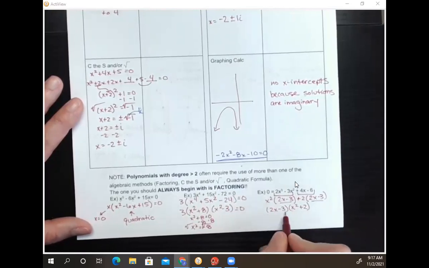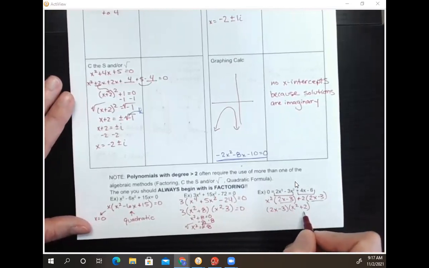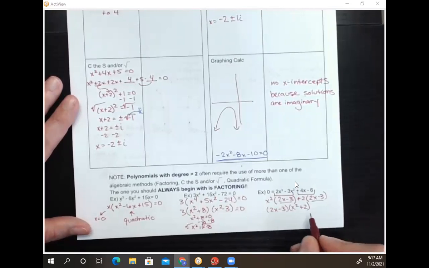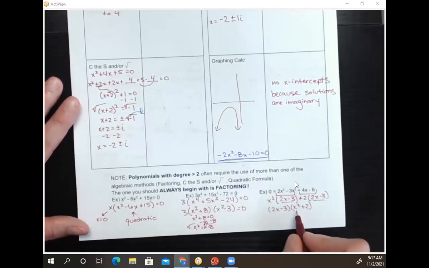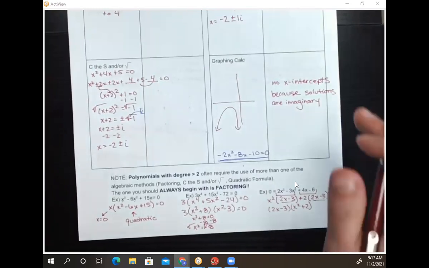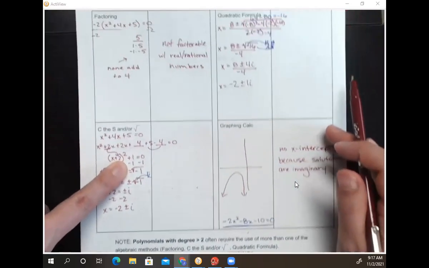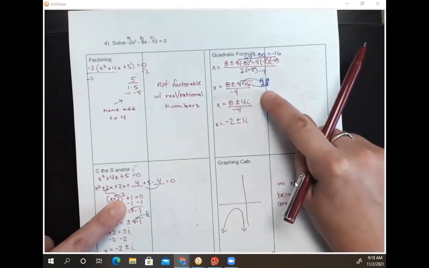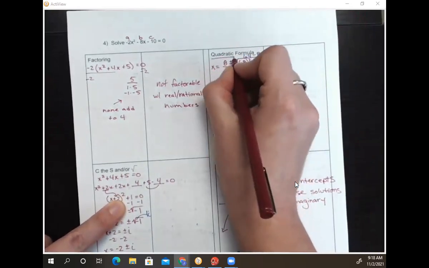This guy, you can go ahead and set equal to 0 and solve. This guy, you can solve using square roots if you wanted, just like over here. If you really wanted to do quadratic formula, to me that seems like a lot of work for something you could solve in 2 steps with square roots, but you could do quadratic formula there. Just remember that completing the square and square roots and quadratic formula are only for things that are quadratic, okay?